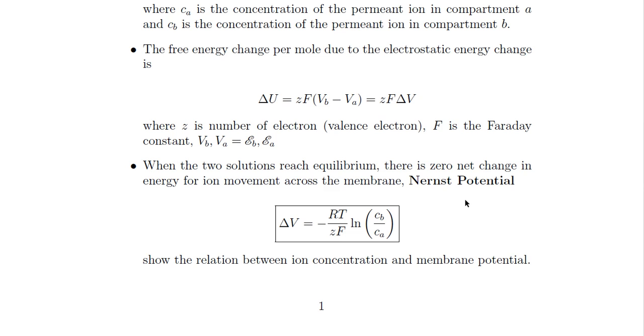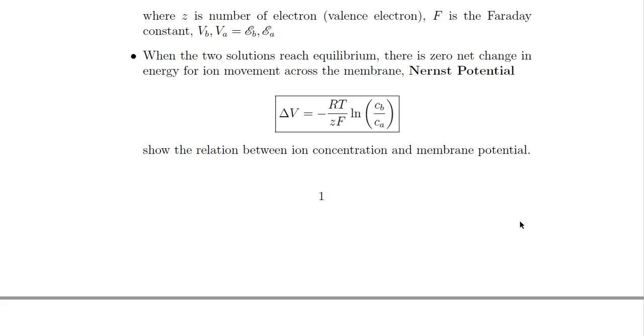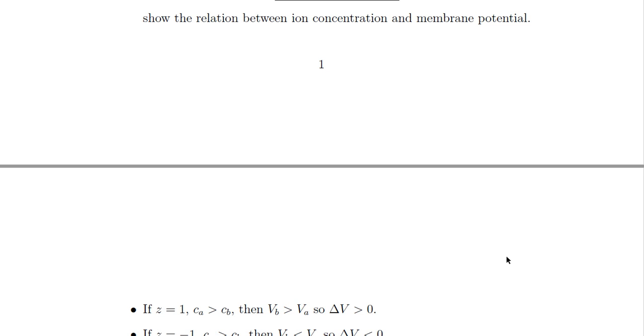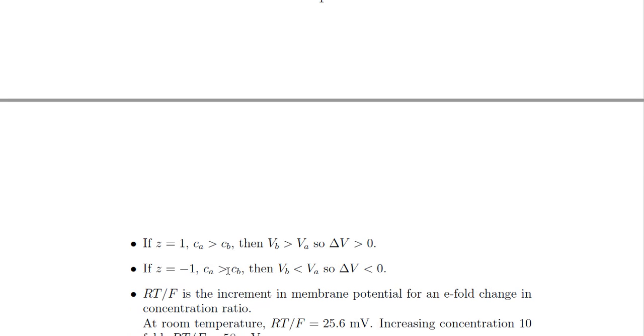If one ion can permeate, we can just measure the concentration of that ion in compartment A and compartment B, and also its charge, the number of electrons for that ion. If Z equals 1 and CA is greater than CB, then VB is greater than VA, so delta V is greater than 0.